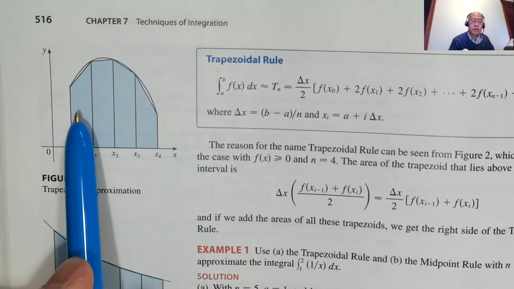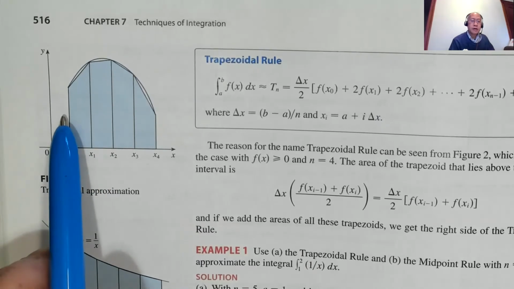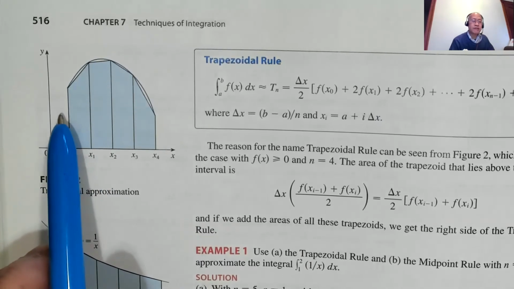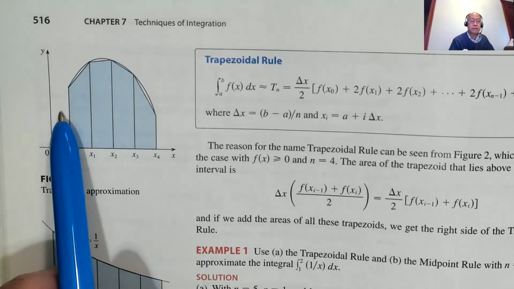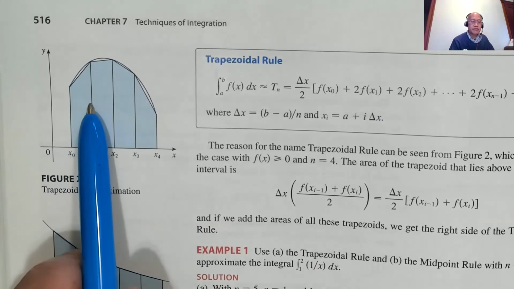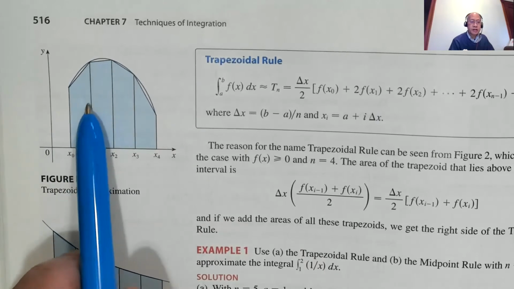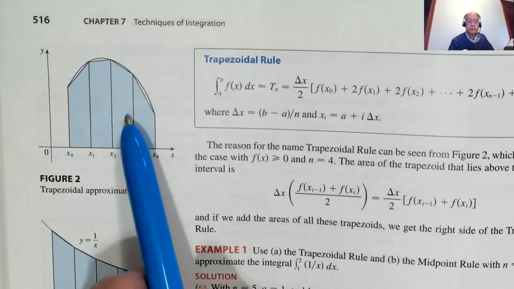And there's a formula for the area of a trapezoid. It's not 1/2 base times height, but it's 1/2 B1 plus B2 times height. In other words, you average the bases and multiply by the height. So it's 1/2 this plus this divided by 2, and then 1/2 this plus this divided by 2, and so on. That's where the half comes in the formula.